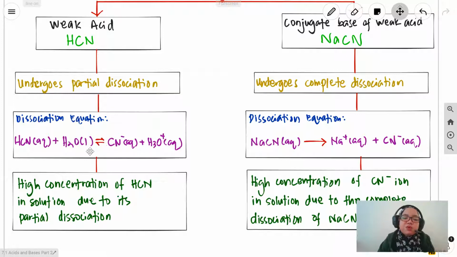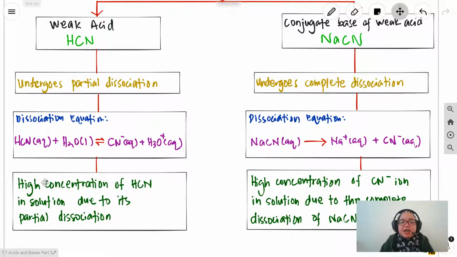use the reversible half-headed arrow to show that it undergoes partial dissociation. So HCN will react with water here to form CN minus and hydronium ion.